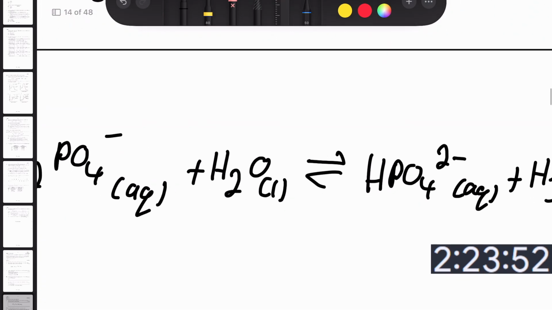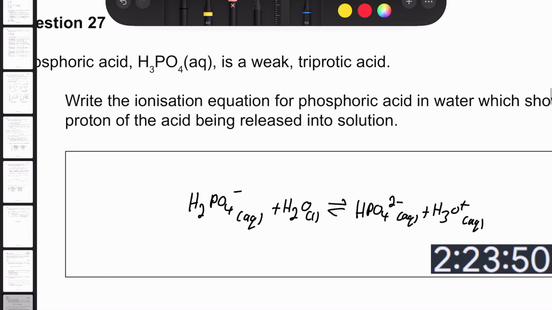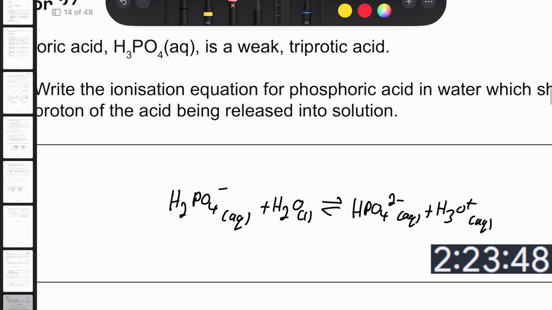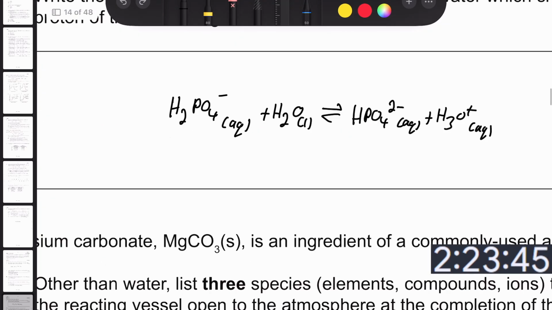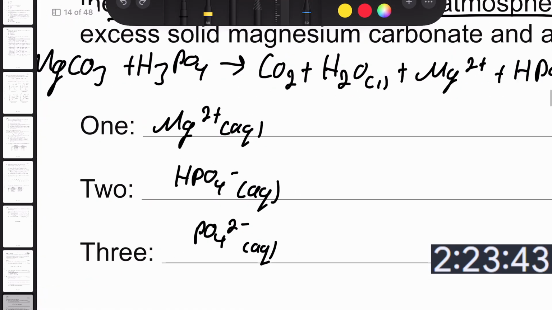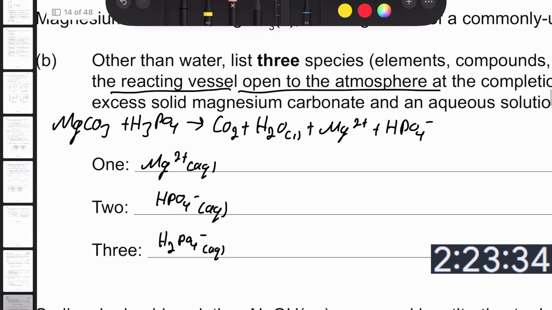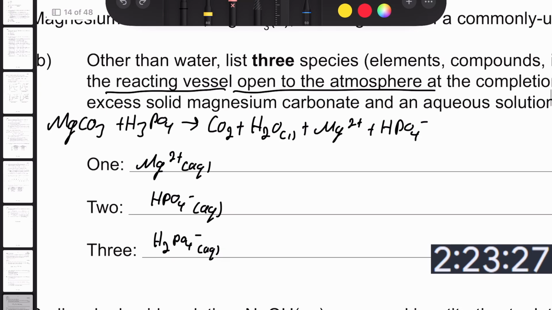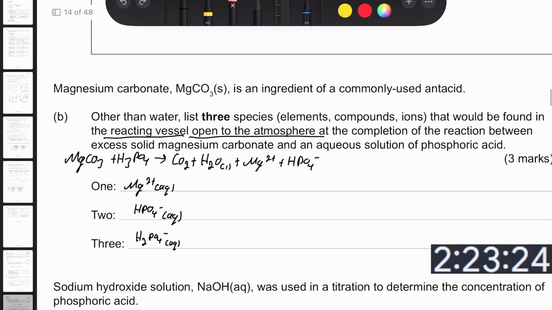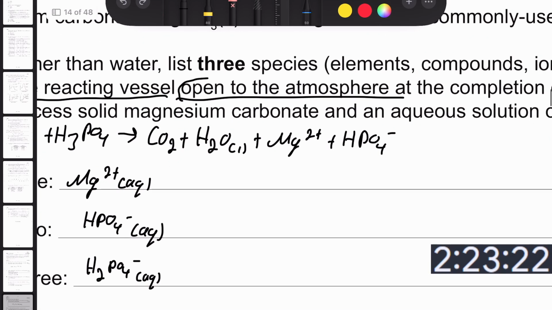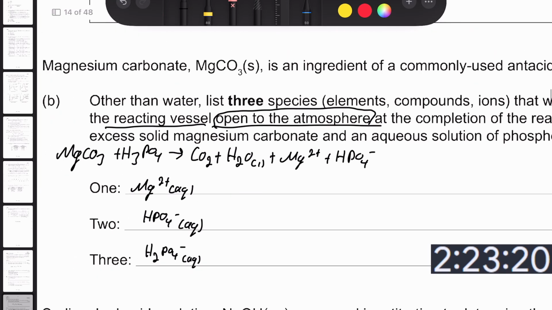Or maybe I go H2PO4 minus aqueous, because this will react to form the H2. Open to the atmosphere. This is mean because it means I can't say CO2.